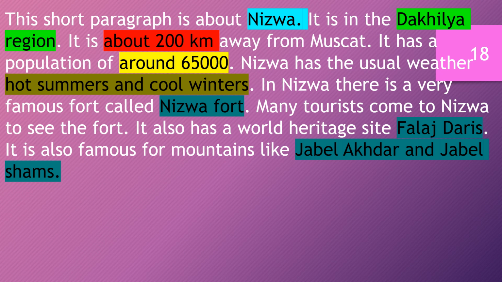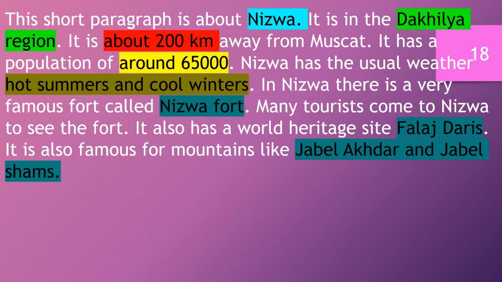Now, what is another famous place? It is Falaj Daris. What is special about Falaj Daris is that it is a World Heritage Site. It is always better to include extra information about the famous places and about whatever you are writing. So here Falaj Daris is another place to see, but it is a World Heritage Site, so you are including that information as well.